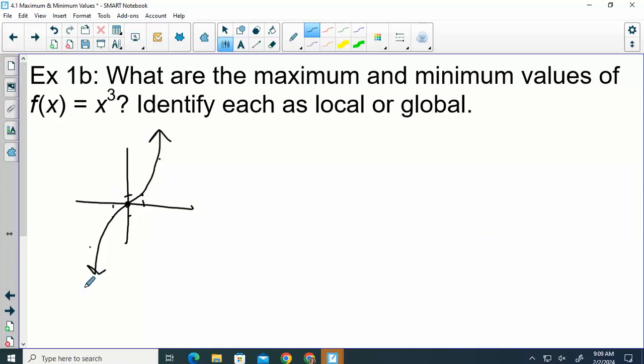Does that have any absolute maxes or mins? No, we have arrows going forever in both directions. A local max or min, is there a peak or a valley here? No, this one has no maxes or mins. (0, 0) is the only place where it flattens out, but it's not higher than the points on both sides or lower than the points on both sides. So this one has none.